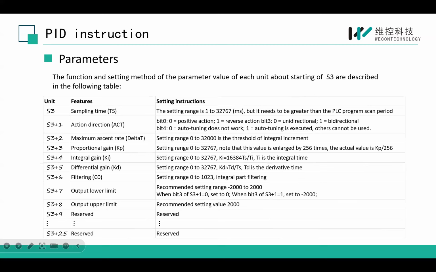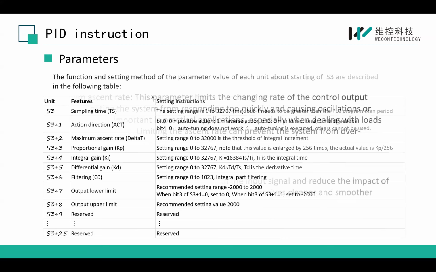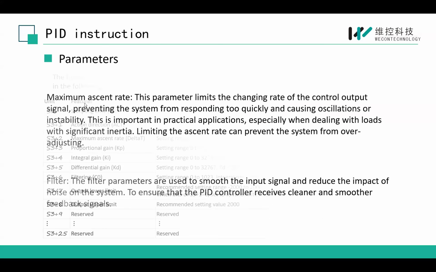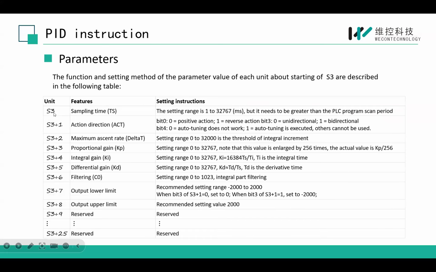And this is the parameter list for the third parameter here. For example, if the third parameter is D200, the value of D200 is for the sampling time, and its unit is milliseconds.